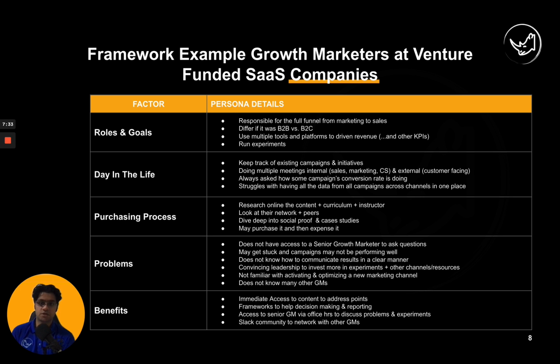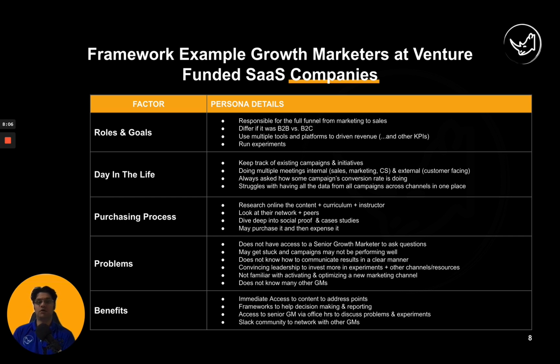In this case, because I'm offering courses from Growth University, they may purchase it and expense it, but definitely what they're going to be doing is diving deep into the programs and looking at the case studies and stuff like that. The reason I say only purchase and expense is because Growth University's cost is fairly low compared to when you need to get an enterprise procurement team involved, right? So this is typically a product that they can expense, right?